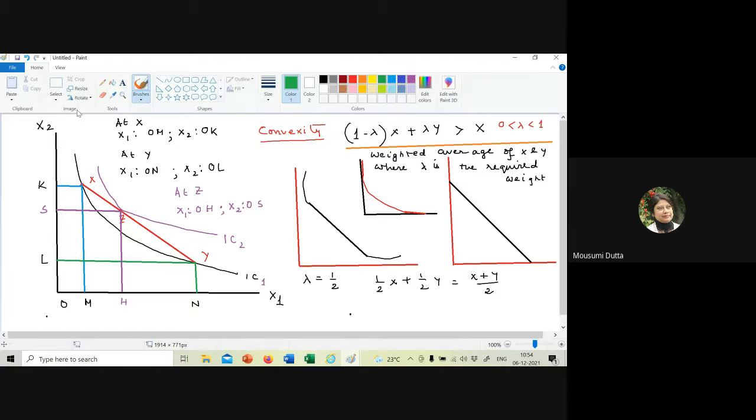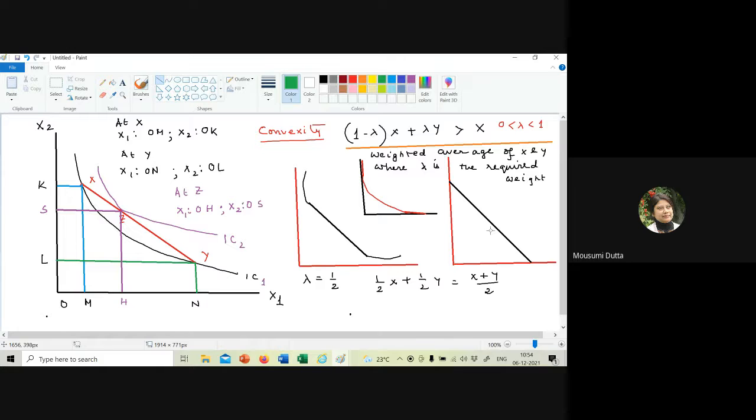Look at these diagrams. While I am talking about strict convexity of the indifference curve, I am not considering these versions, because all three indicate weak convexity.